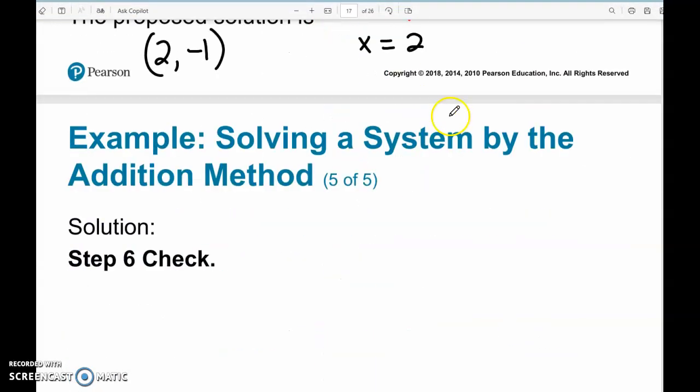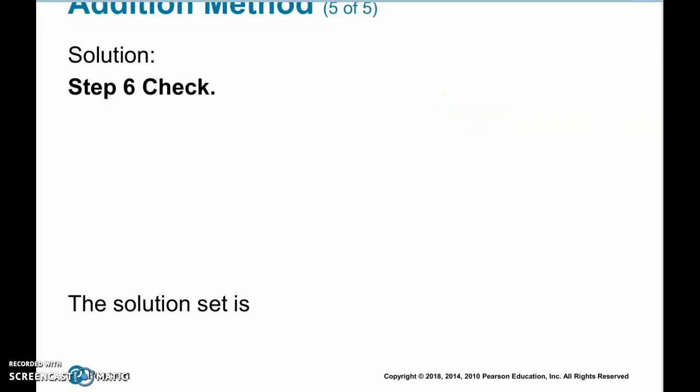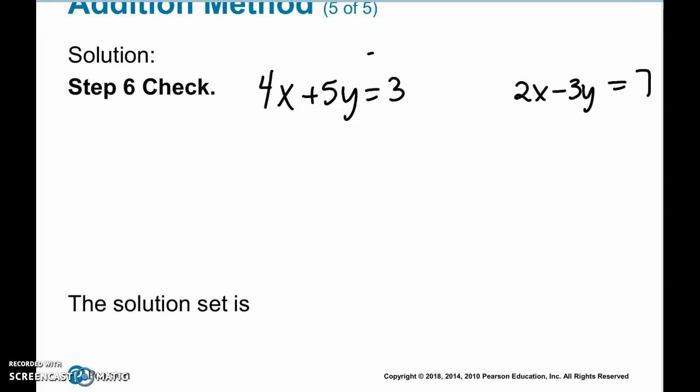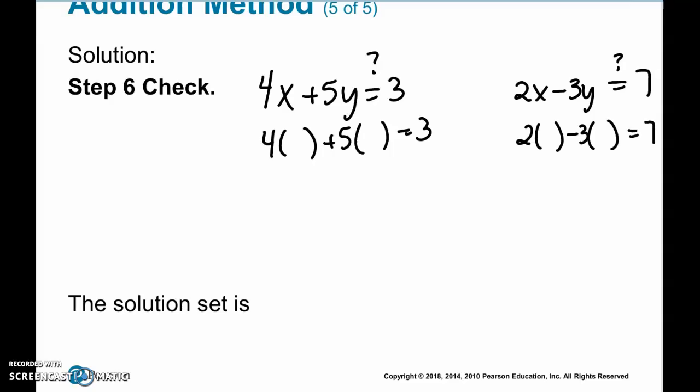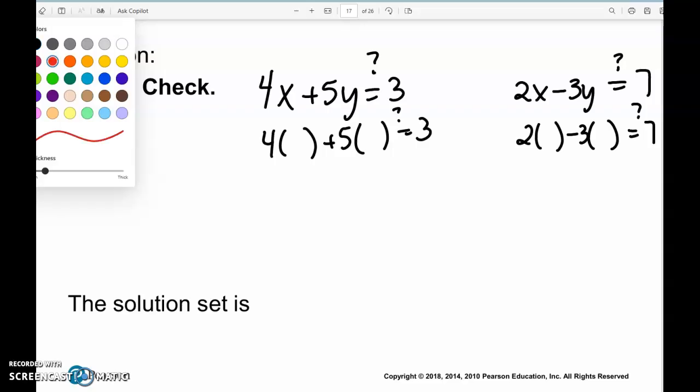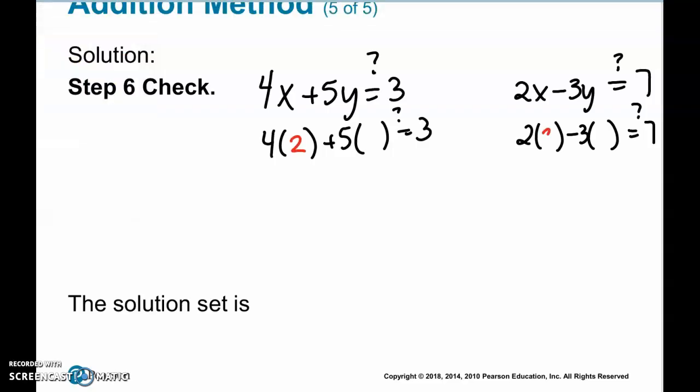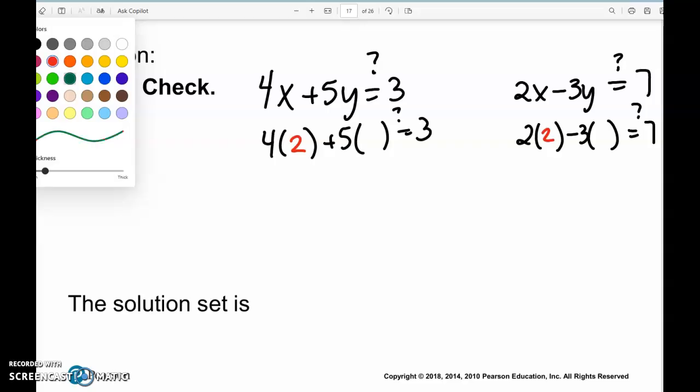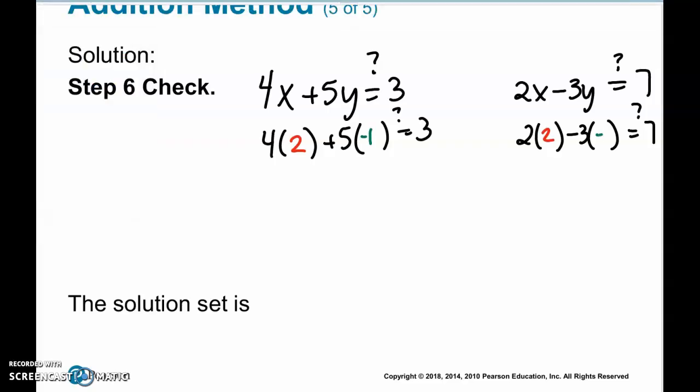Step 6 is to check it. So go back. I'm going to rewrite both originals. Here's the first one. Here's the second one. And I'm going to check. I'm going to substitute in the proposed solution into each one and make sure that it works in both. So I ended up with x is equal to 2, so plugging in 2 for the x, and I ended up with y is equal to -1.